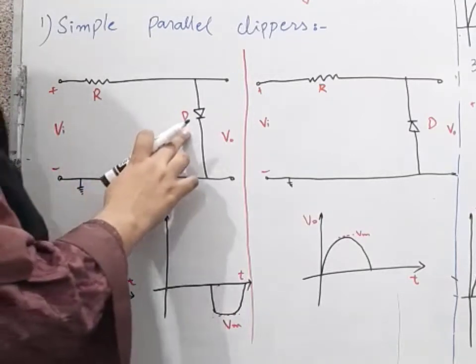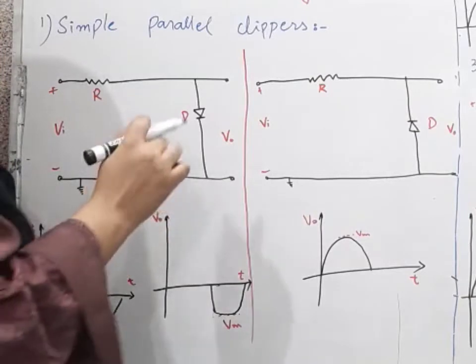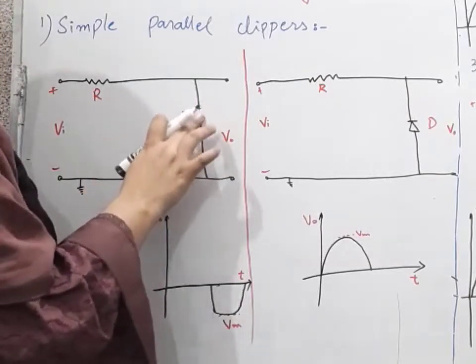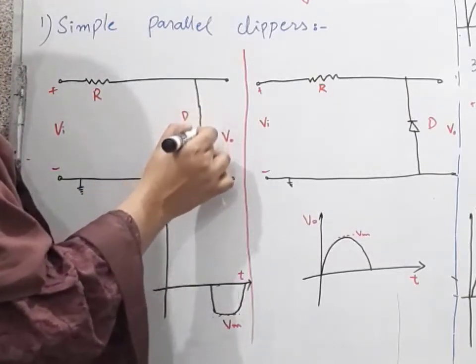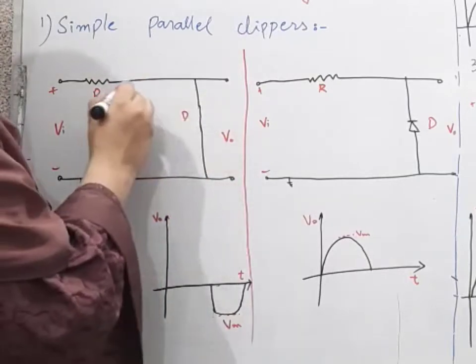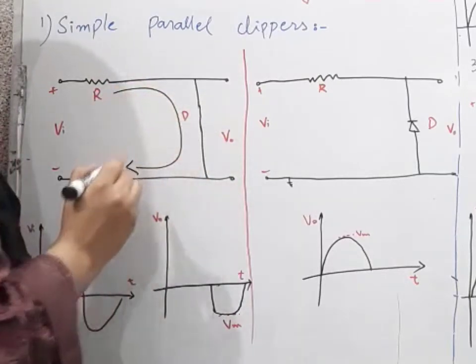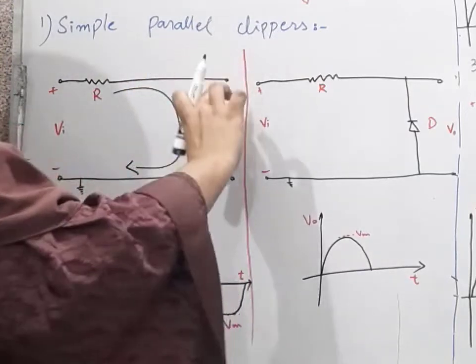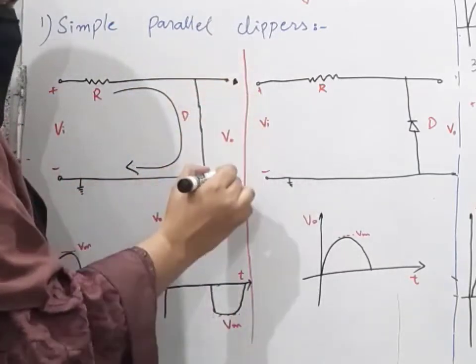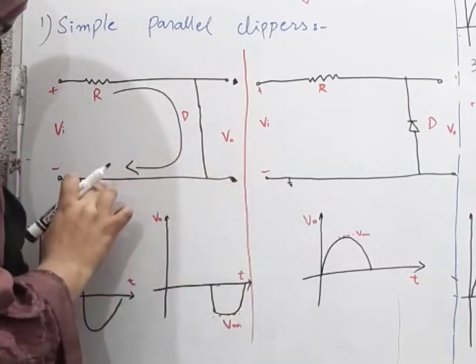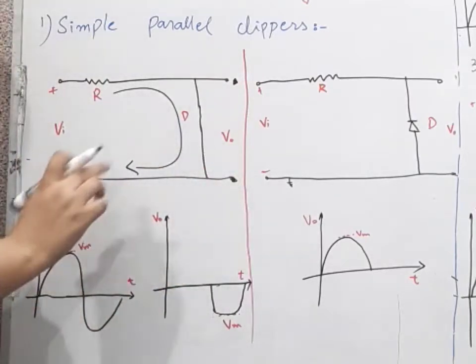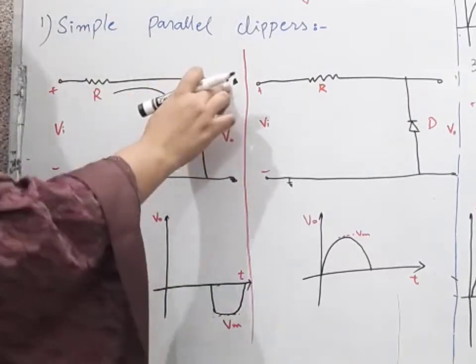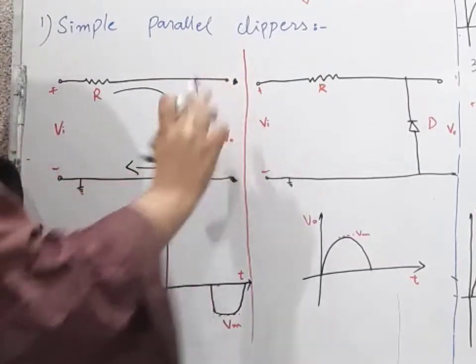Our diode will be forward biased, and it will act as a closed circuit. So our current direction will be like this, and we want to get our output waveform at this point, not at this point. So we will get nothing at this point. Understand?